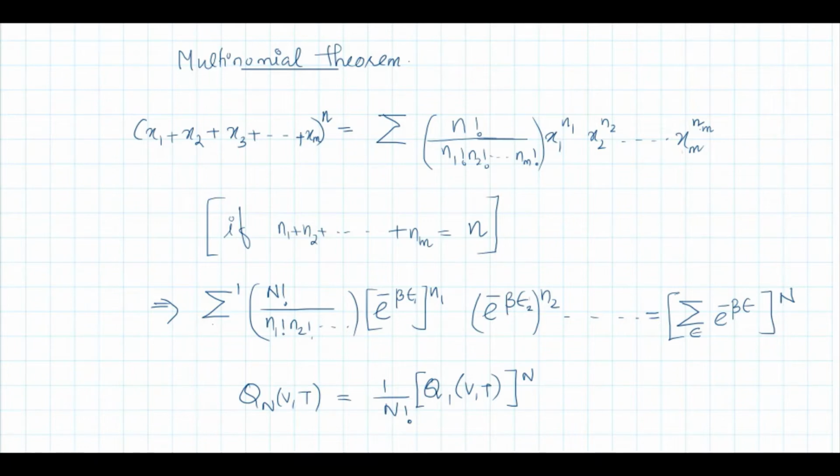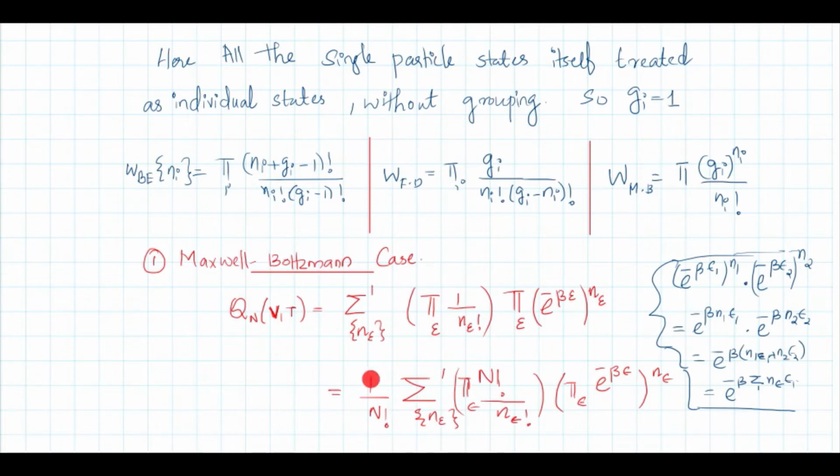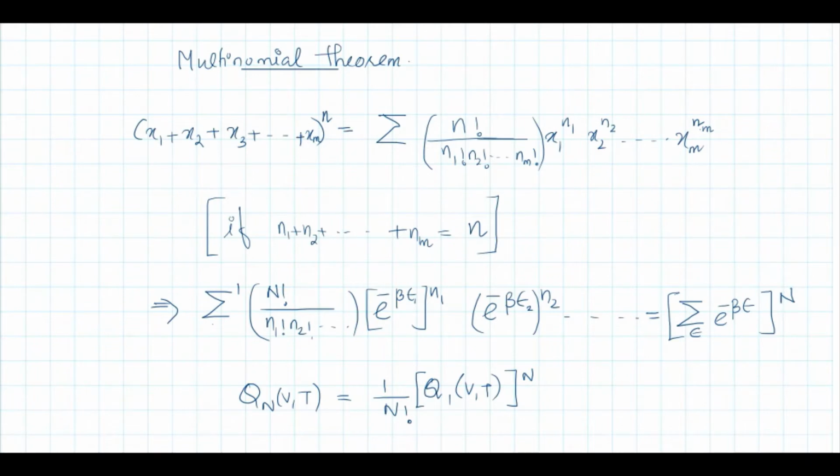So I can write the left hand side as the sum of these quantities x1, x2, etc. xm. That is, in this case, e raised to minus beta epsilon 1, e raised to minus beta epsilon 2 and so on. That is sigma e raised to minus beta epsilon, summed over all the single particle energy states, raised to small n. Instead of small n, we have here capital N. So Qn of Vt has a 1 by n factorial, and this quantity we replaced with sigma e raised to minus beta epsilon, raised to n.